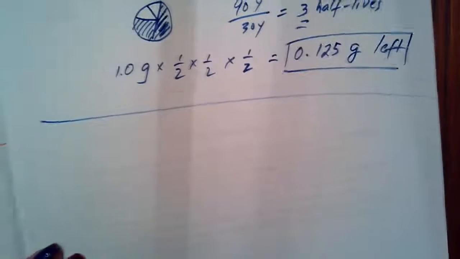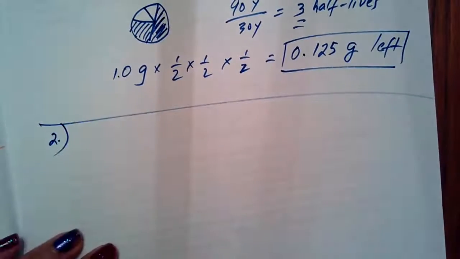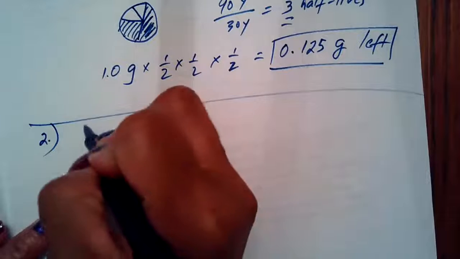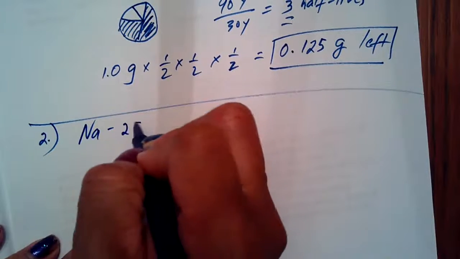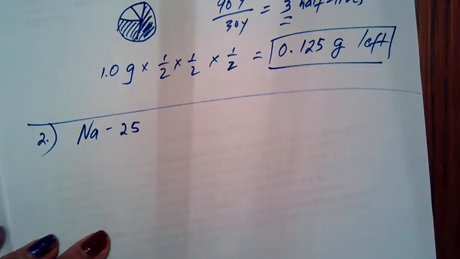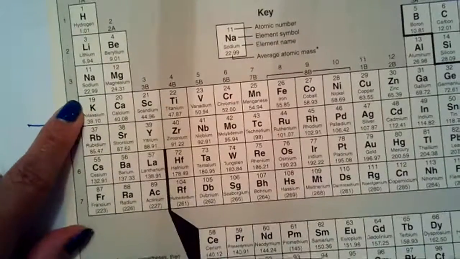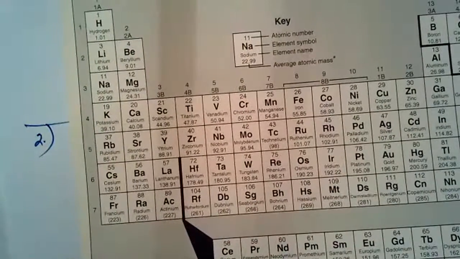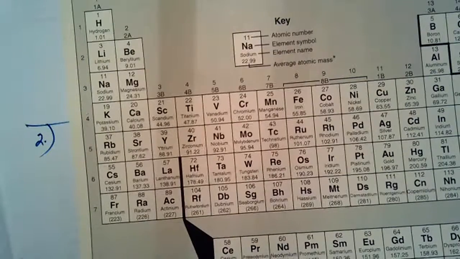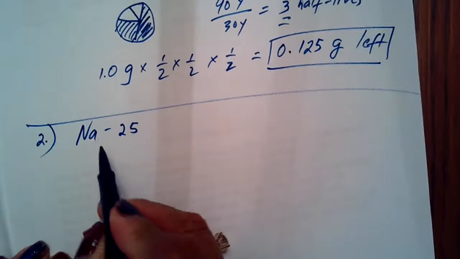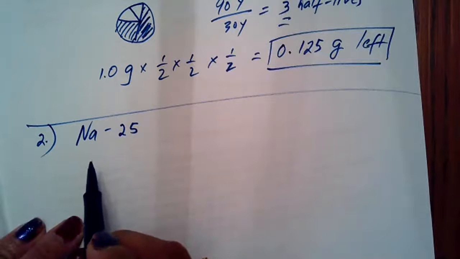Let's do another one here. In our example 2 on the handout, we're looking at sodium 25. If you look at sodium on your periodic table, it is 22.99, but this is the isotope sodium 25.